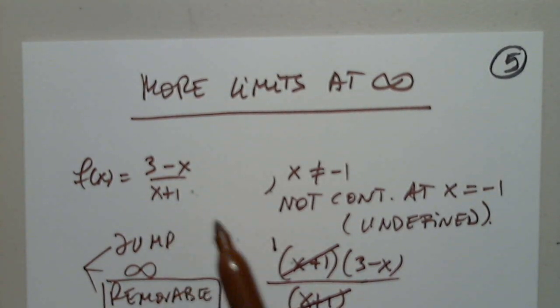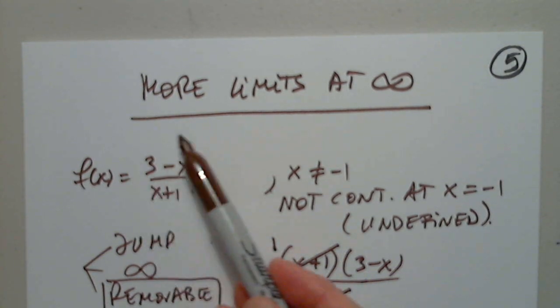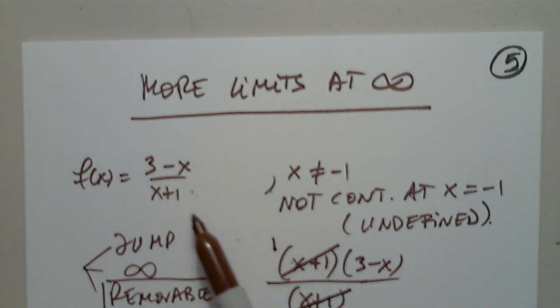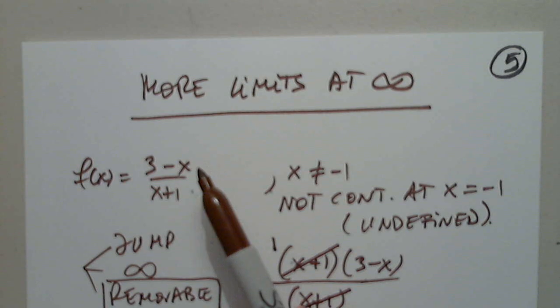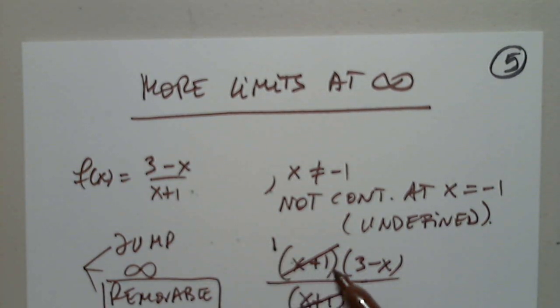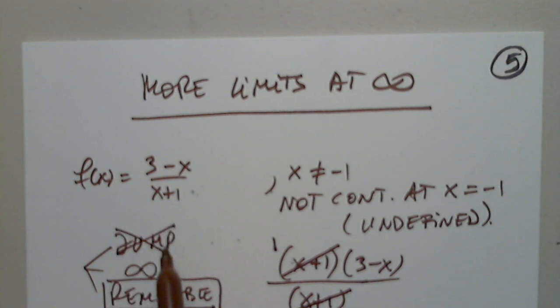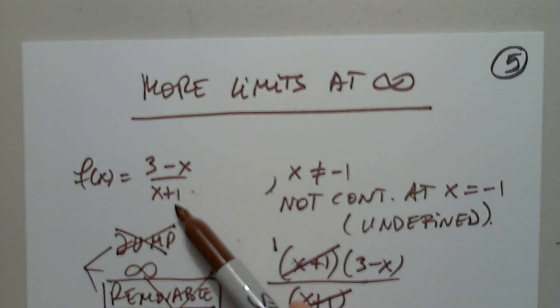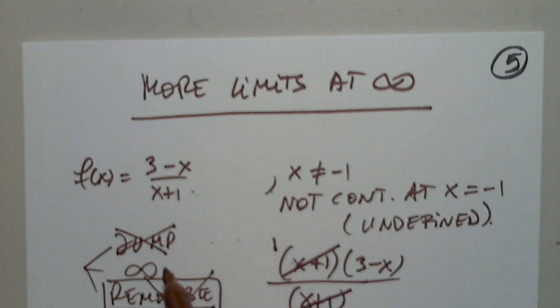But if the denominator stays and doesn't go away, you cannot simplify. There is no factor of x plus 1 at the top. Because there is no factor of x plus 1 at the top, this cannot be removable. It's not a jump, and it's not removable because the factor stays. So it is indeed an infinite discontinuity.